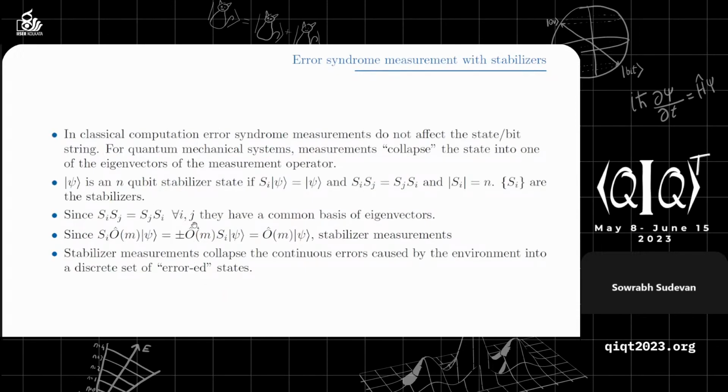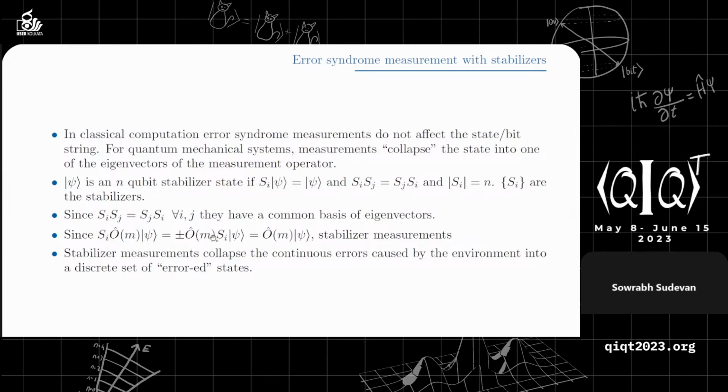Another thing to note is that let's take some error E acting on n qubits, and S_i is also some Pauli string, so these two objects either commute or they anti-commute. These are the only two possibilities, right? They're strings of Pauli operators, so there are only two options. So I can reverse their order and I will have a plus or minus one based on whether they commute or anti-commute. And S_i psi is psi because psi is the plus one eigenvector of this.